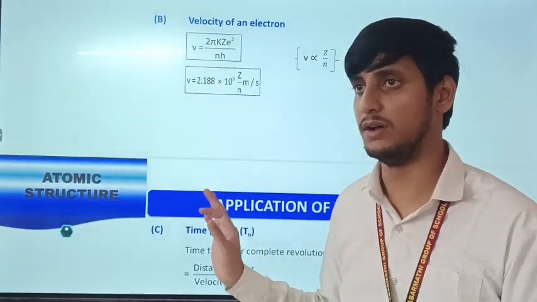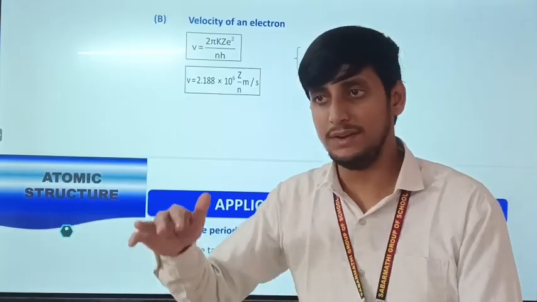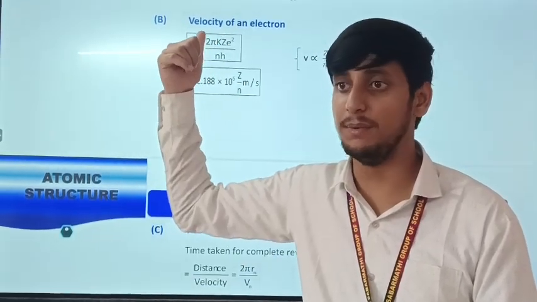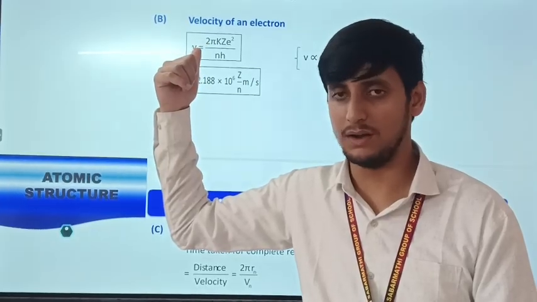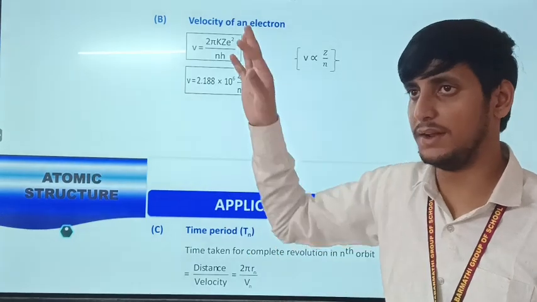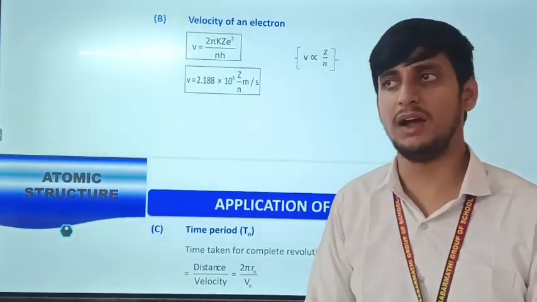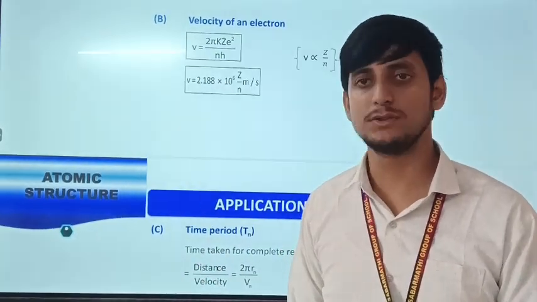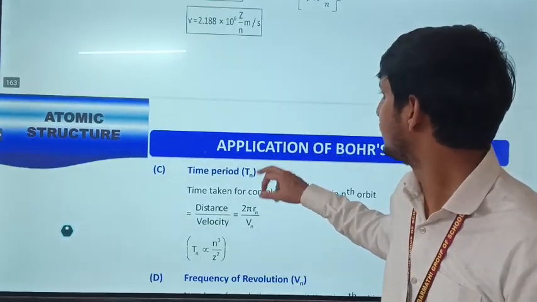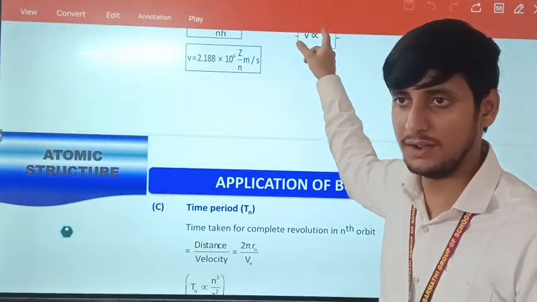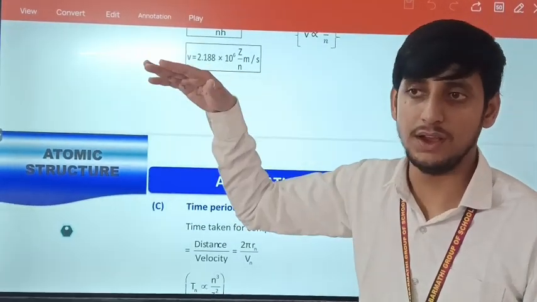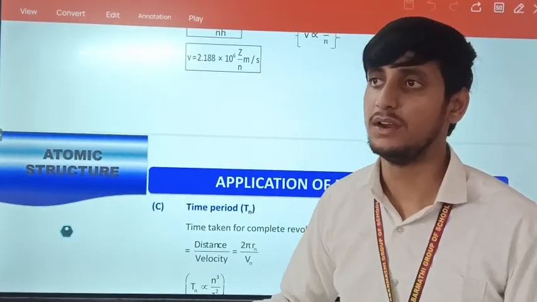All formulas, one page. These are Bohr's formulas, and the last two are wave formulas, quantum formulas, on one page. Repeat 5 to 6 times and after that practice questions, and easily you will remember all formulas. Velocity is directly proportional to Z and inversely proportional to n. Z increases, velocity increases. n increases, velocity decreases.